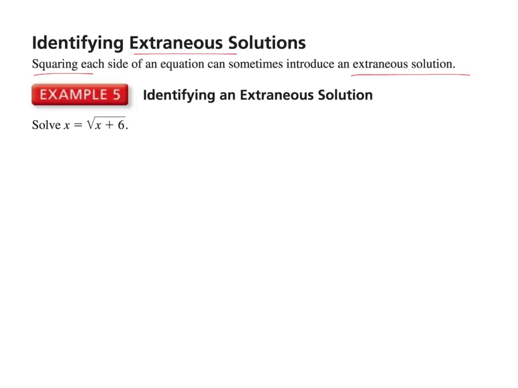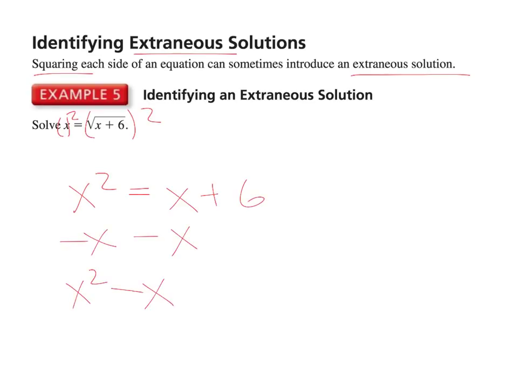Okay, so here we have a radical equation. We're going to have to square both sides. I get x squared is equal to x plus 6. Then I'll subtract x. I get x squared minus x equals 6. And I'll subtract 6. I get x squared minus x minus 6.